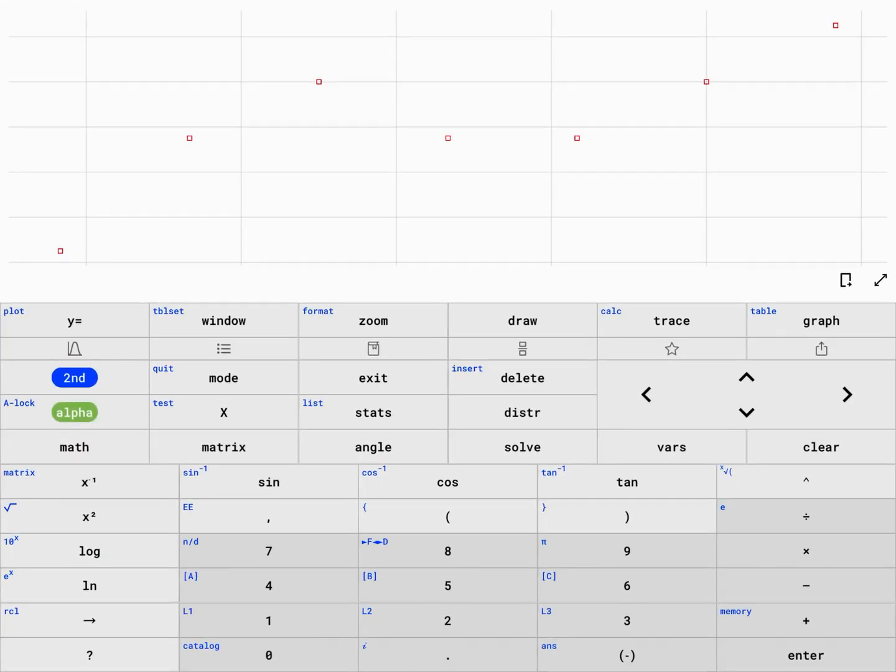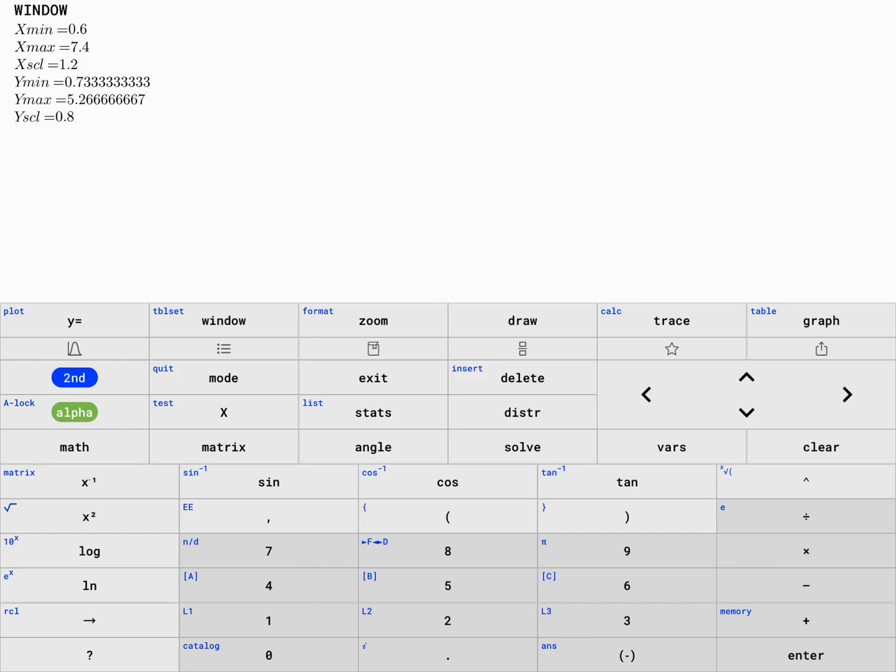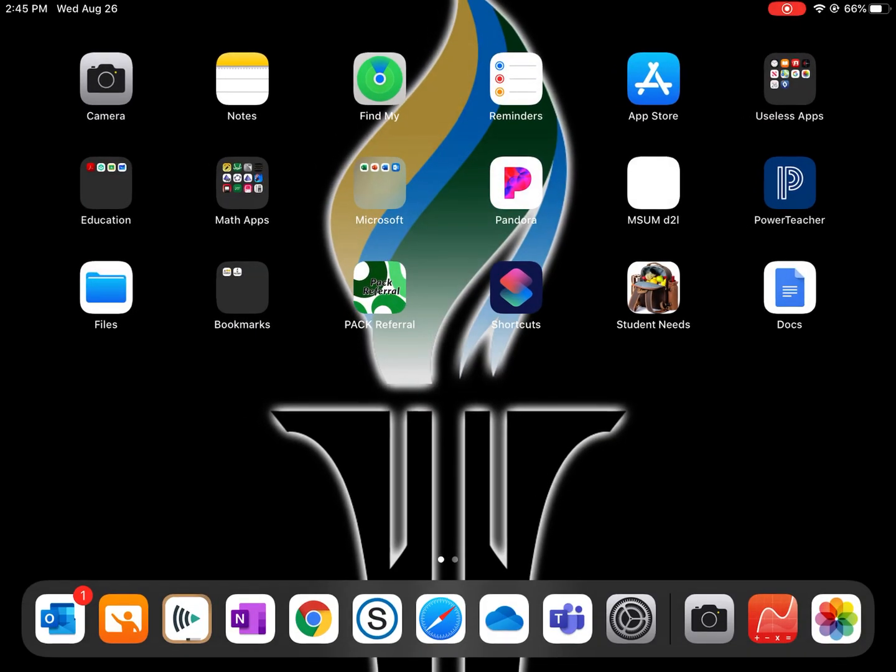Okay, so the way we're going to find our scale is in our window. It's that very top left button right next to Y equals, window. Okay, what you're going to write in there is X min, X max, Y min, Y max. Okay, so we got 0.6 to 7.4.